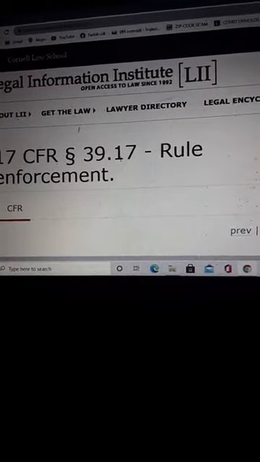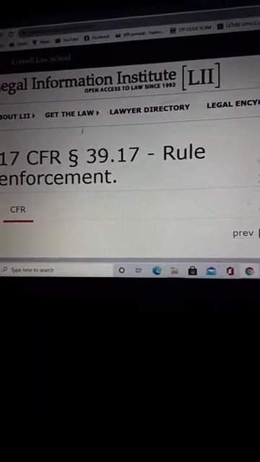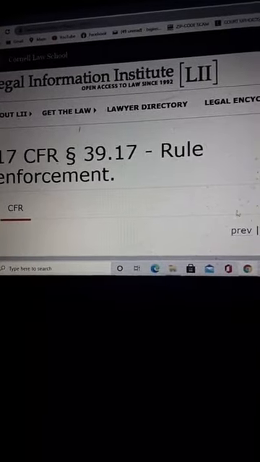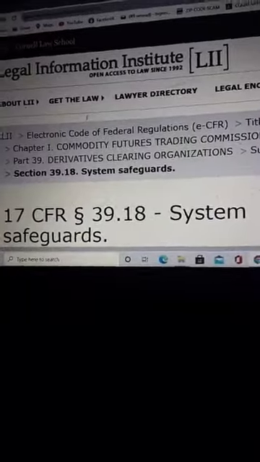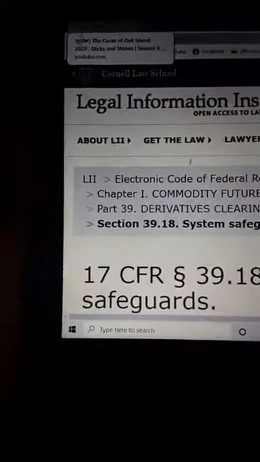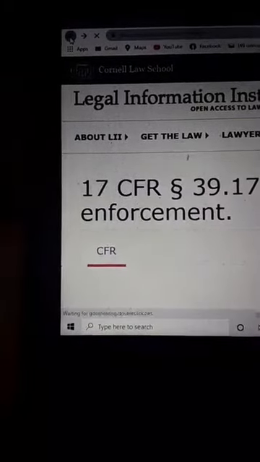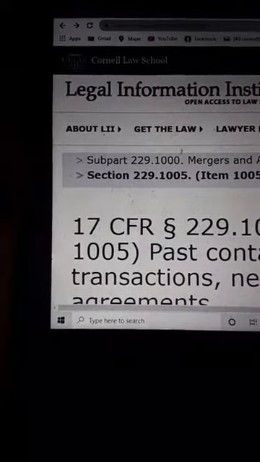Enforcement. Uh-oh, look what happened. Now all of a sudden it drops out of that system. So we have to go back up here. And this is what they do to confuse you in your research. So we're at 1005.